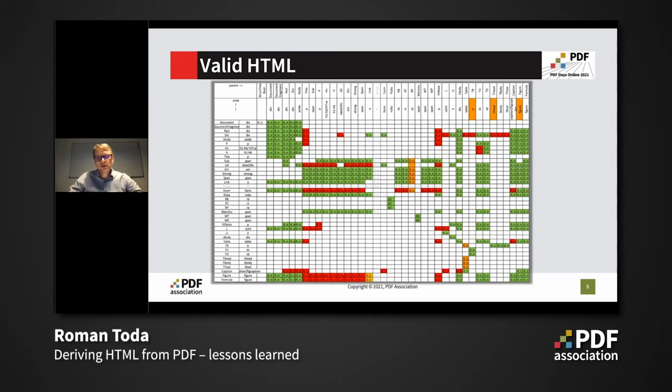In this image, I show Annex L from the PDF specification that defines allowed parent-child relationships in PDF, with problematic points marked in orange or red after deriving into HTML. That's all been thought through, so the author and developer can be absolutely sure that the output HTML is always a valid one.